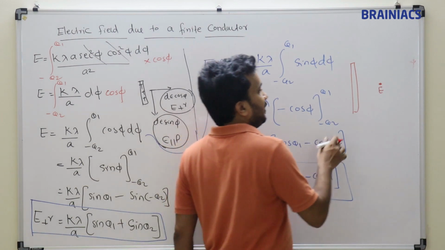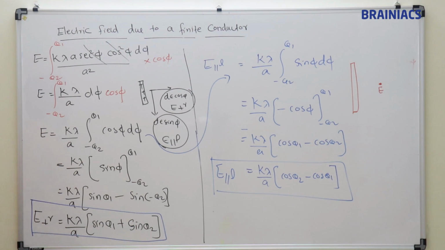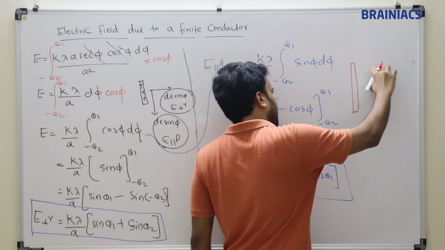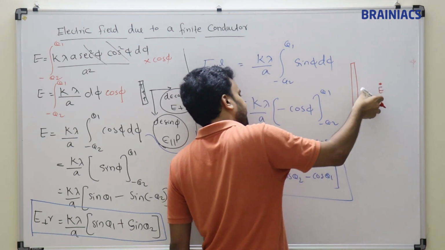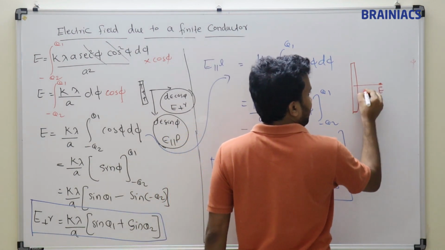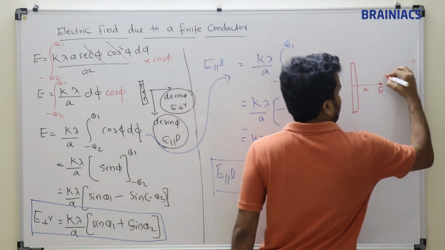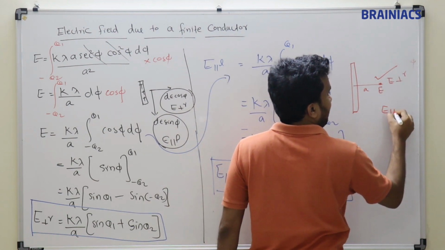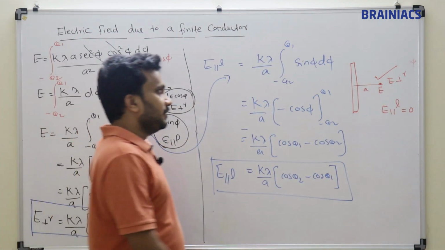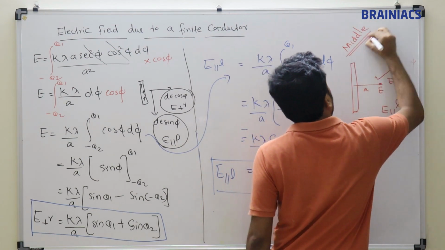If they ask to find the electric field exactly at the center, which field will get cancelled? Exactly at the center, the components on top and on the bottom will cancel each other. So if it is exactly at the middle point, we have only the perpendicular component, and the parallel component is equal to 0. This is the middle case.